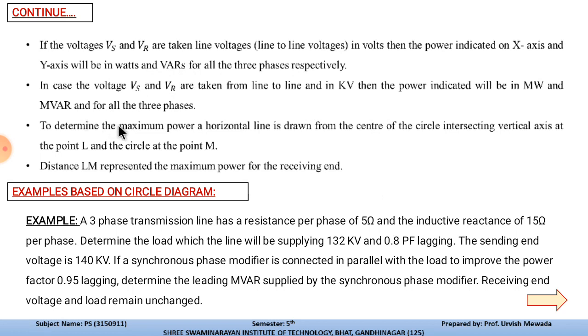So to determine the maximum power, a horizontal line is drawn from the center, from the origin.